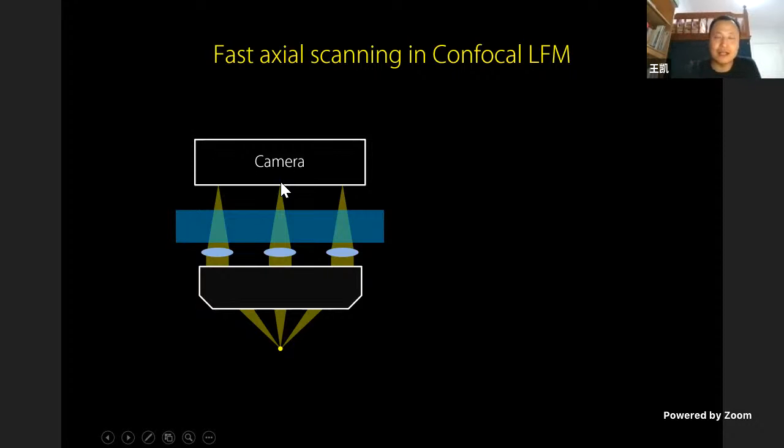We did the calculation of how much light is collected in our setup. Although we use, for example, a 1.1 NA objective, the light collection efficiency of our system is equivalent to an objective of 0.4, depending on the design.